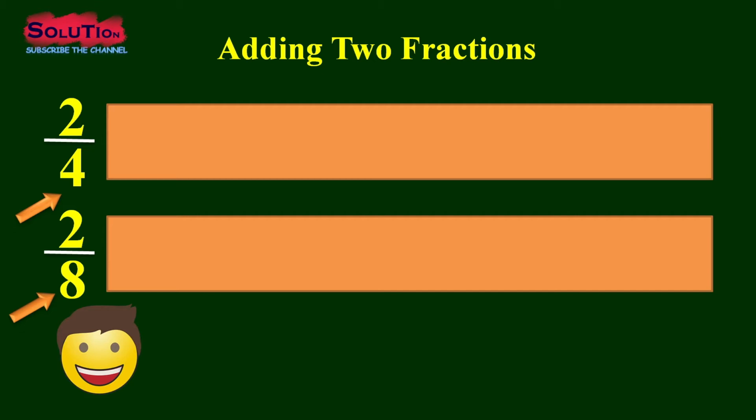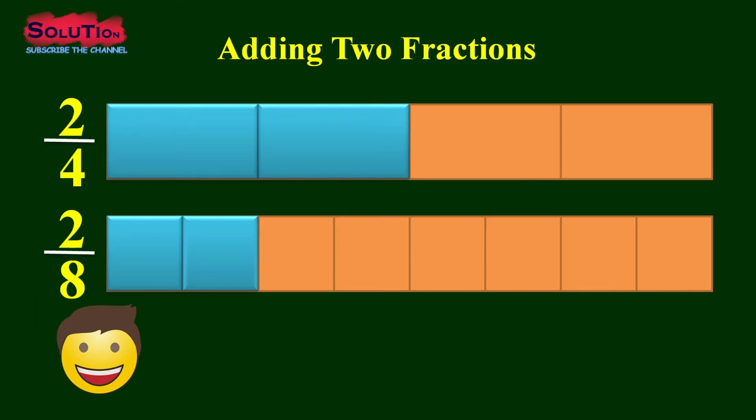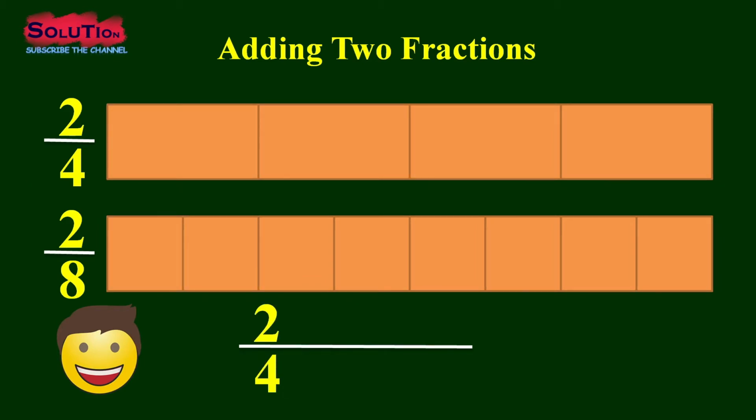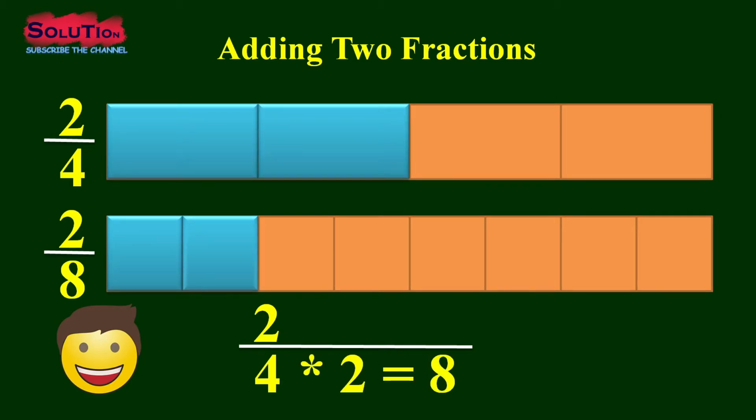Depending upon the denominator, let me divide it, and let me take 2 parts out of those. So now before we add this, it is better to make the denominator same, that is 2 by 4, and in place of 4 I want to make it 8. So one way to do this is to multiply 4 by 2, and in this way I will get 8 in the denominator.